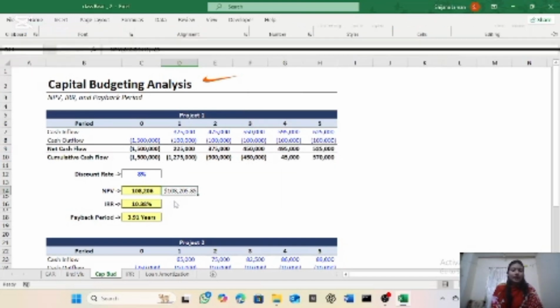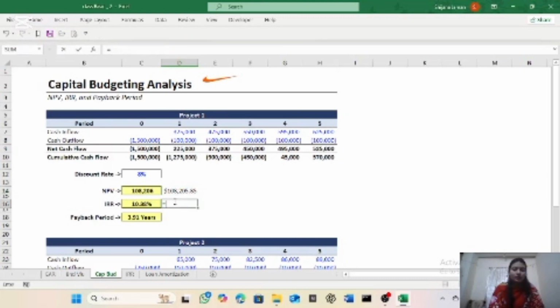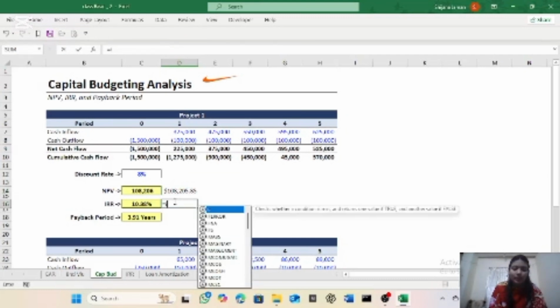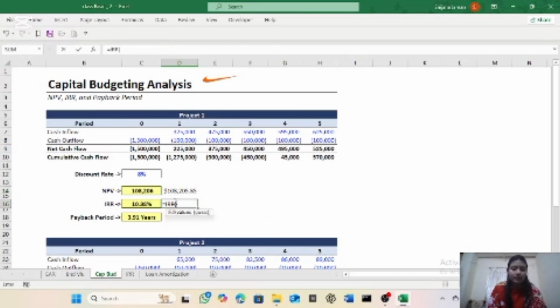Our IRR, the formula is equal IRR, tab, values would be entire net cash flow, bracket close. 10%.